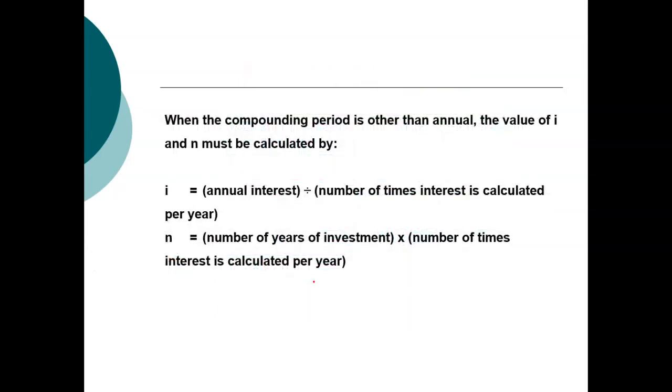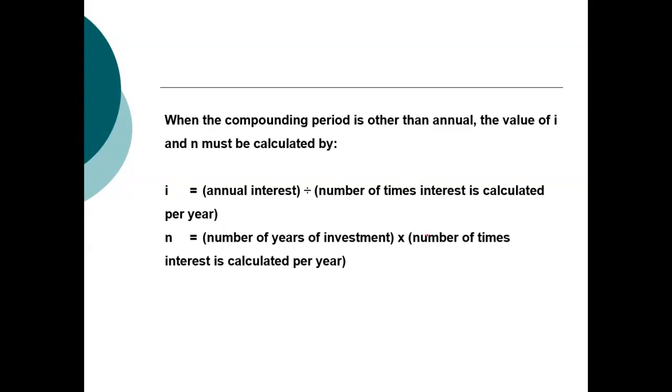So when we're looking at compound interest, in the first example we were just given a very simple I and N. But in order to calculate my I, I have to take my annual interest, the number that was given, which in the last one was 10%, so I take 0.10, and I divide it by the number of times the interest is calculated per year. So if it's semi-annually, I divide by 2. If it's quarterly, I divide by 4.